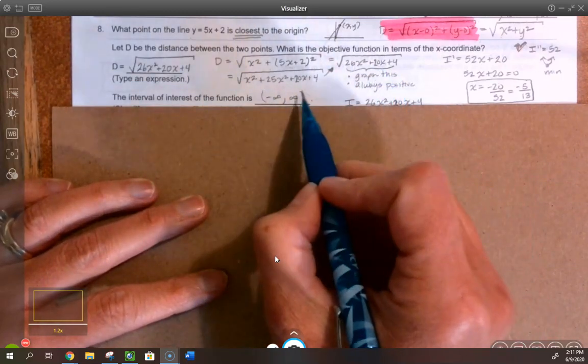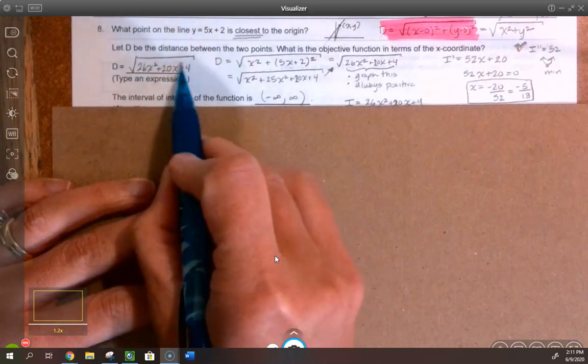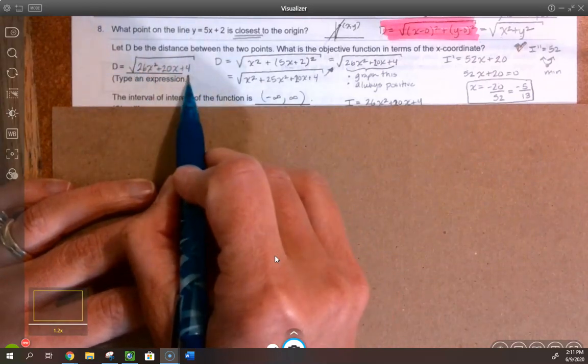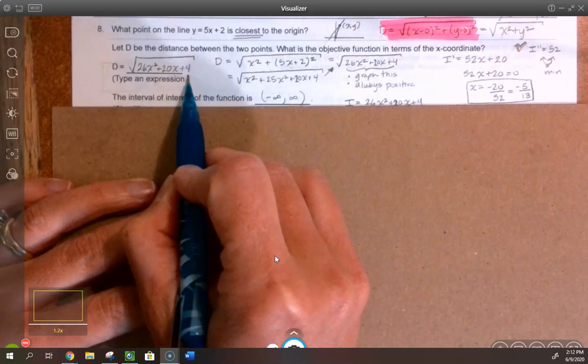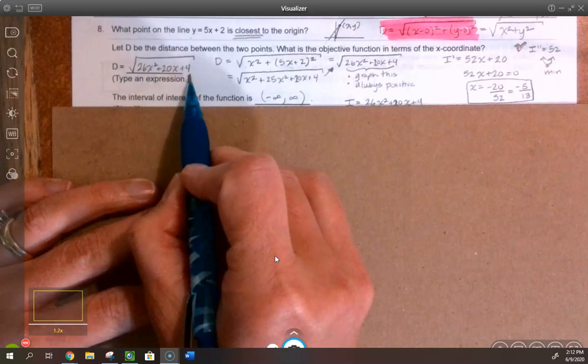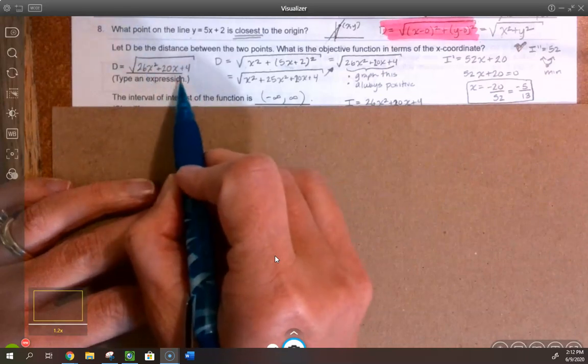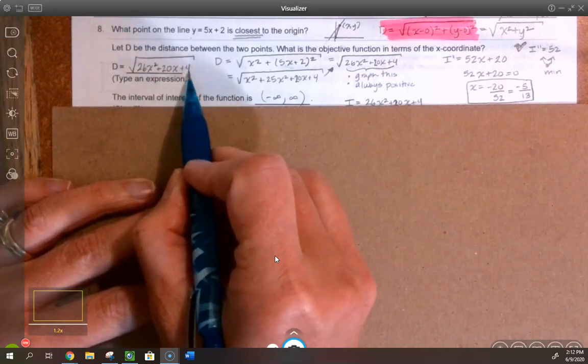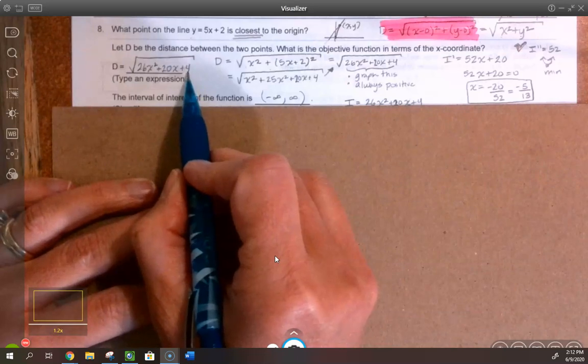And I was trying to figure out the domain of this. What's the interval of interest? What x values work in this expression? And so I graphed 26x squared plus 20x plus 4. And what I found out is 26x squared plus 20x plus 4 is always above the x-axis. It's a parabola that is above the x-axis. So it's always positive.